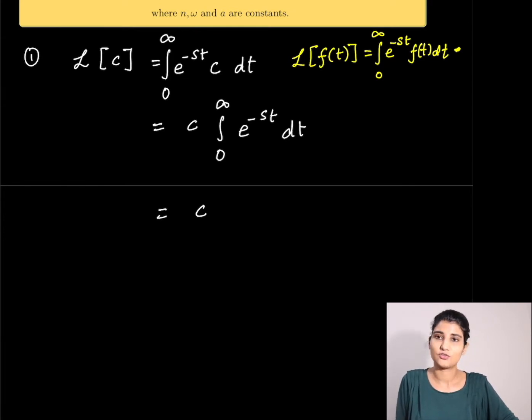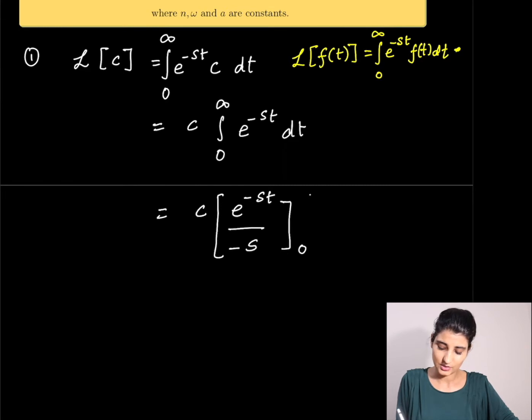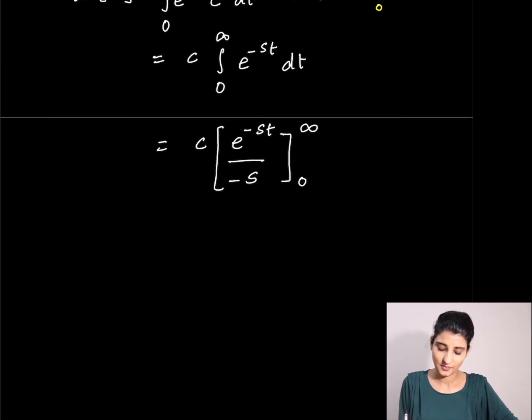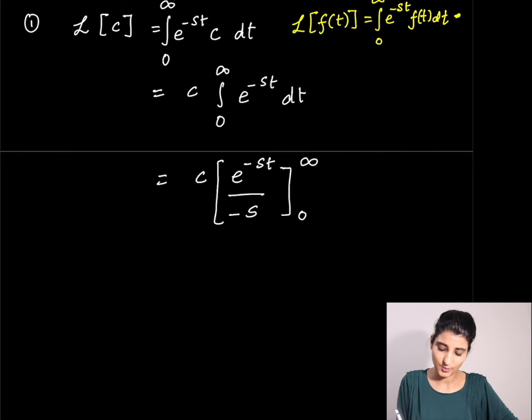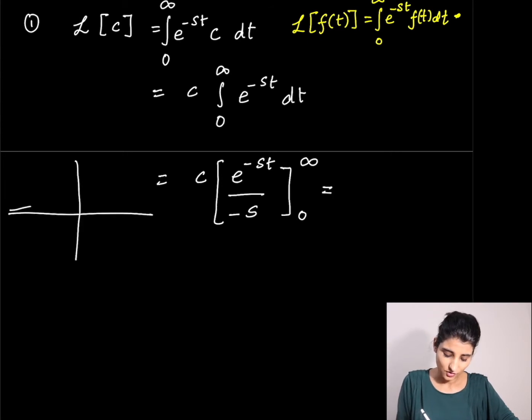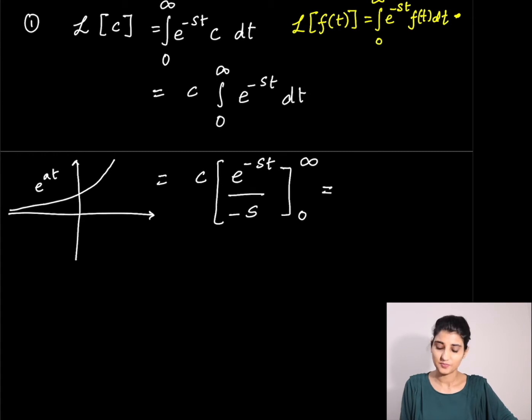The integral of e^(-st) is e^(-st) divided by negative s, and the limits are from 0 to infinity. We first substitute the upper limit. If you remember, the graph of e^(-t) looks like this, right?